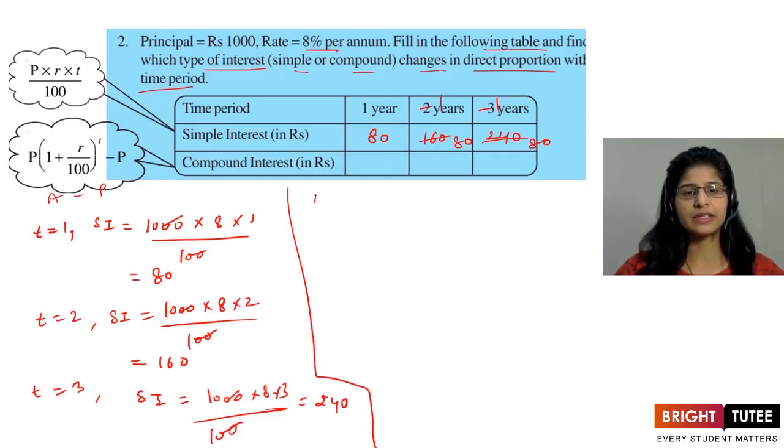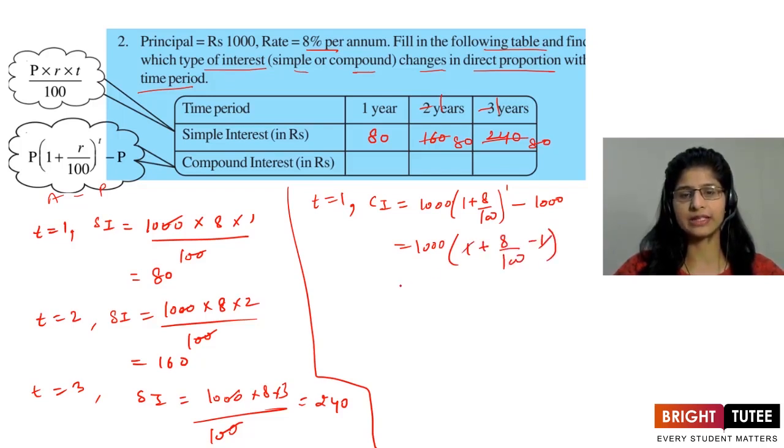For the first, when t is equal to 1, we'll calculate the compound interest as P is 1000 into 1 plus 8 upon 100 to the power 1 minus 1000. So we can just take 1000 common. 1 plus 8 upon 100 minus 1. 1 and 1 got cancelled. 100 getting cancelled with this. 8 into 10 is 80. So here we will get 80.